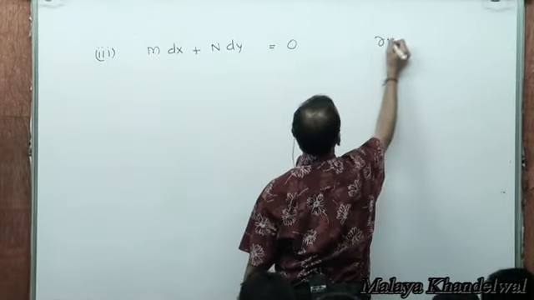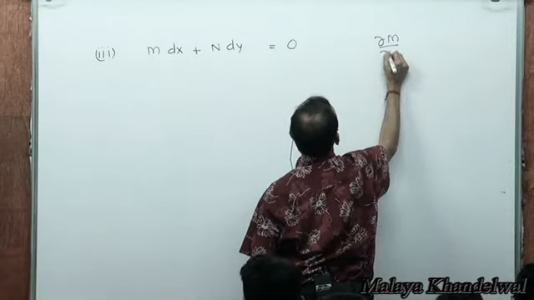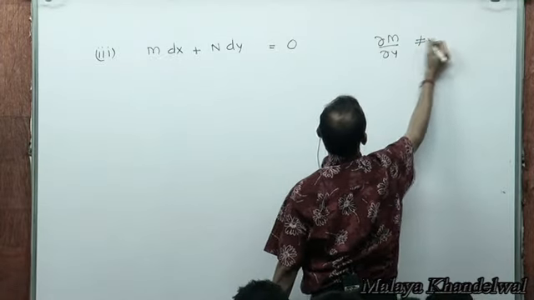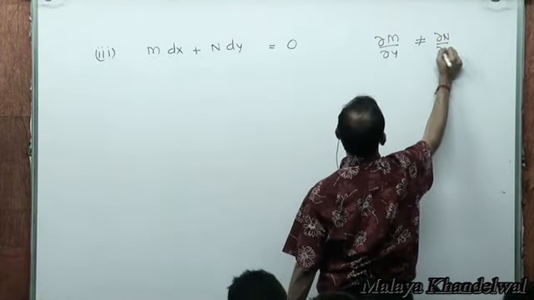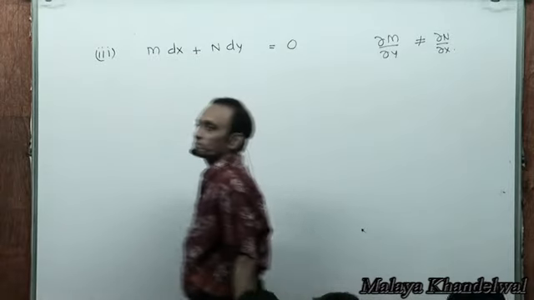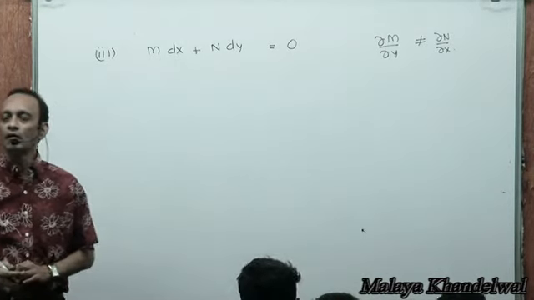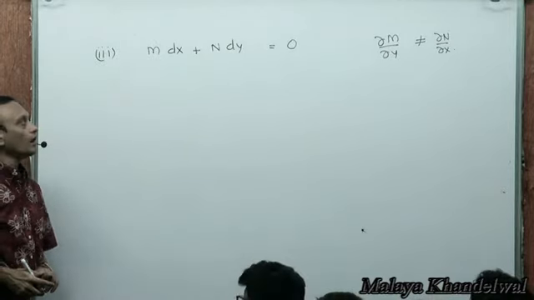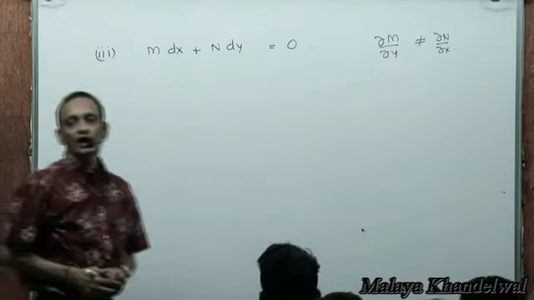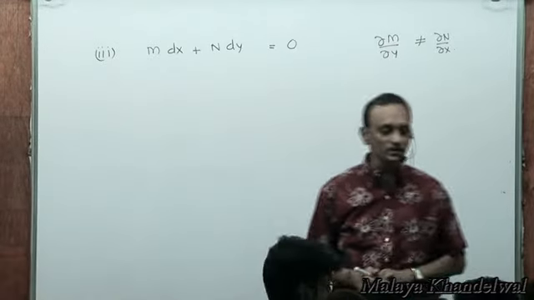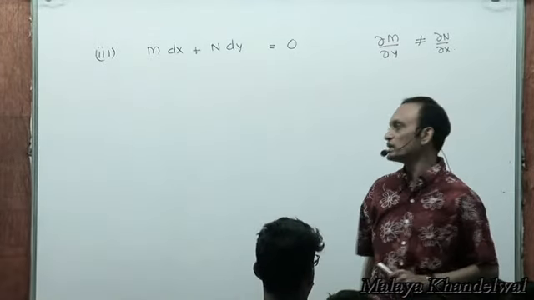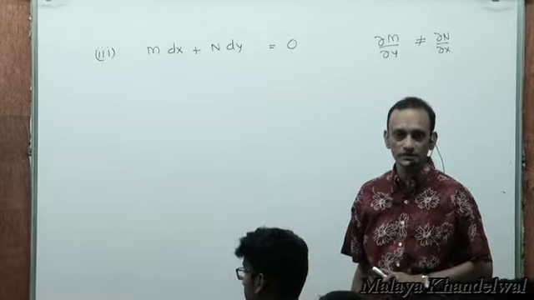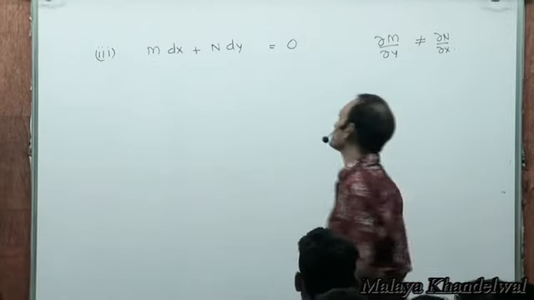If it's not an exact differential, what does it mean? ∂M/∂y is not equal to ∂N/∂x. This is what it means. I now want to find an integrating factor for this. There are two more pertinent cases that I want to deal with.